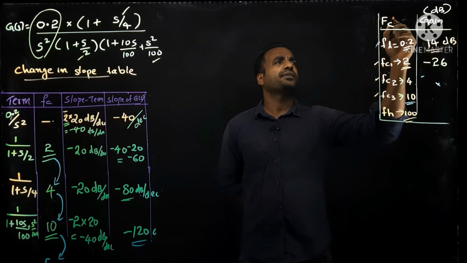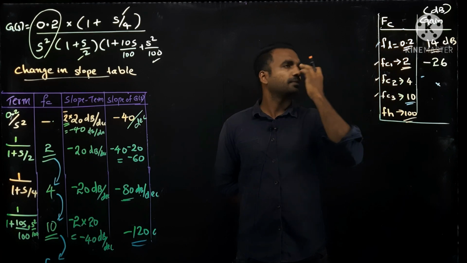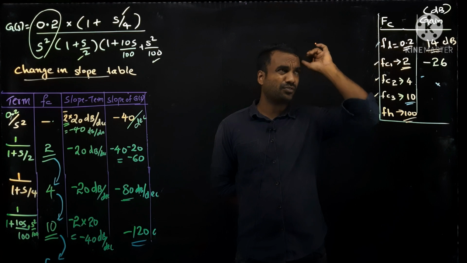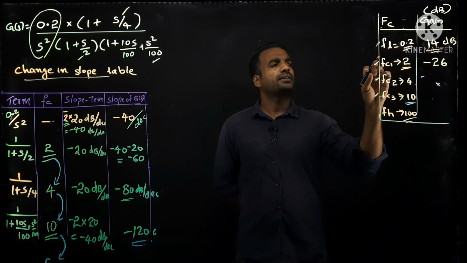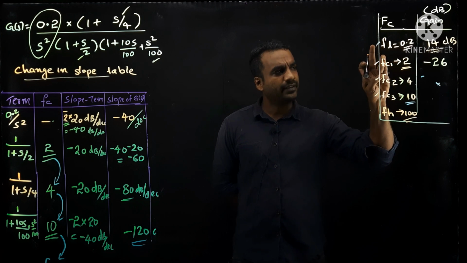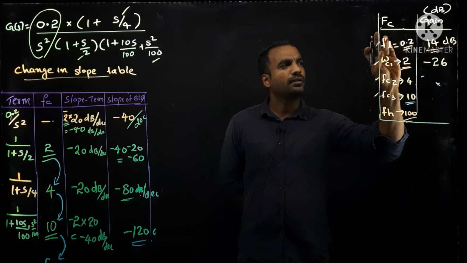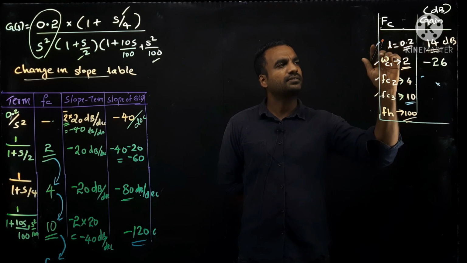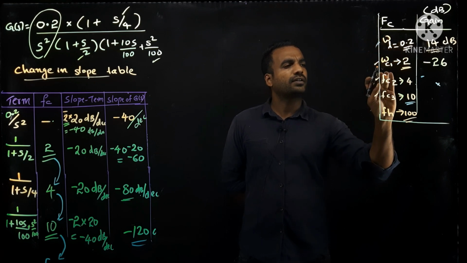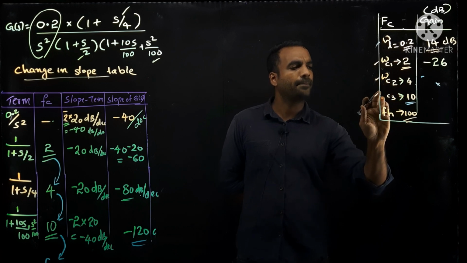I will tell you one important thing. FC is actually a representation of corner frequency. But generally for these FC1, FC2 and such things, it will be better if you take omega, because on the x-axis we are normally taking angular frequency omega.